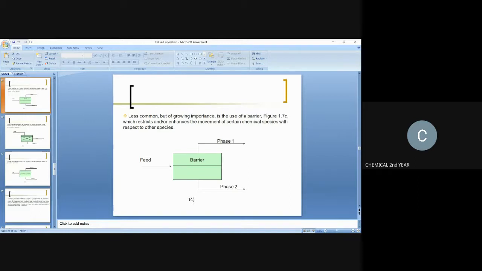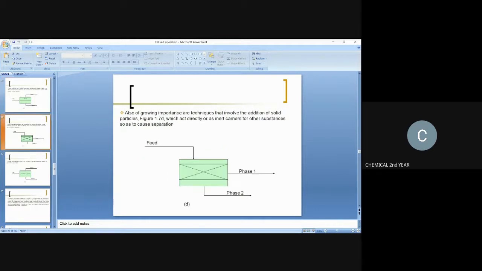Less common but of growing importance is the use of a barrier which restricts and enhances the movement of certain chemical species with respect to other species. If the feed is sent into the barrier, it is divided into phase 1 and phase 2.